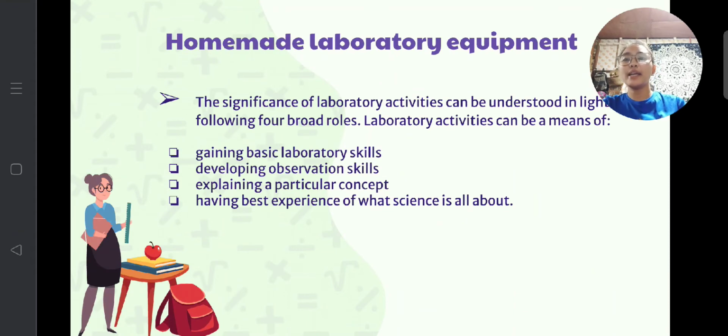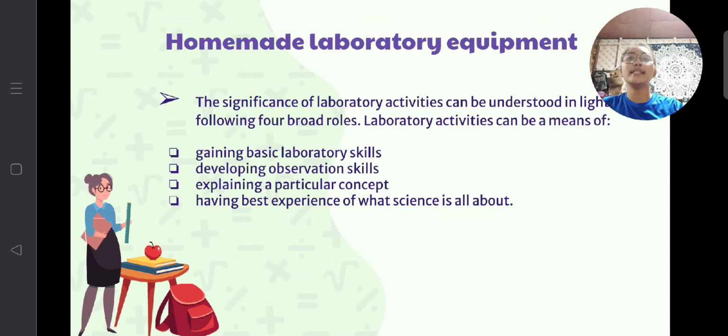Next is the homemade laboratory equipment. So the essence of science education is an involvement and understanding of the process of science. Therefore, the effective use of laboratory is a prerequisite in science education, as science is an experimental, observational, and laboratory-oriented discipline.